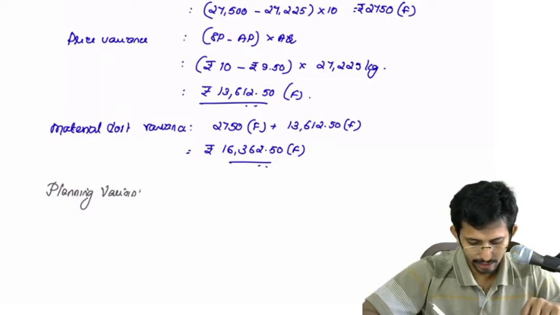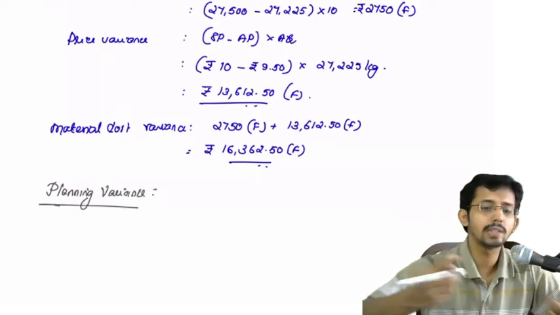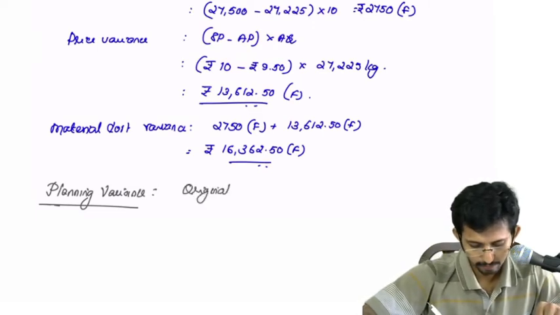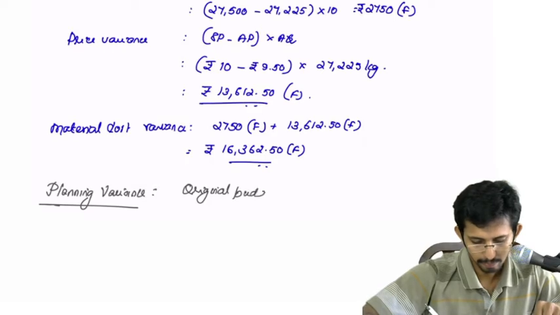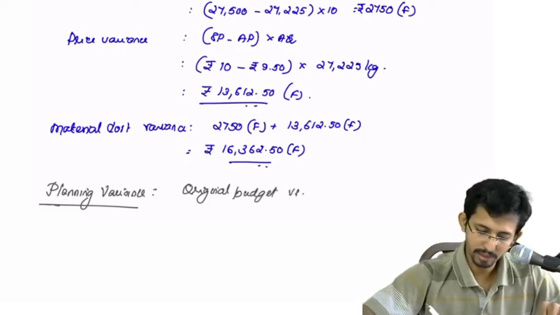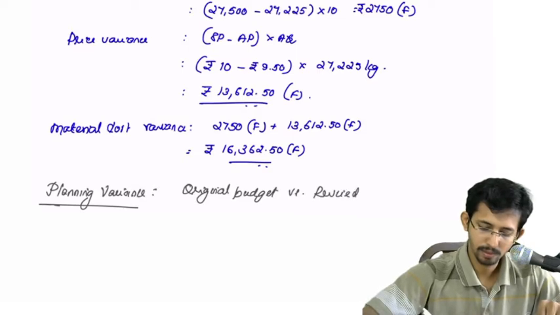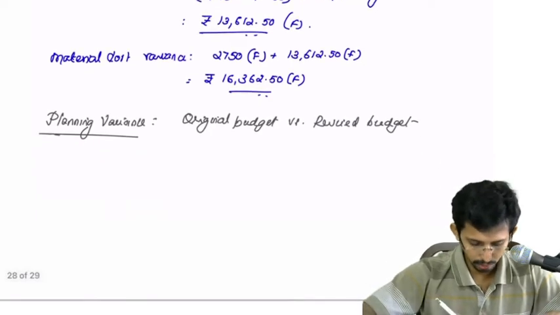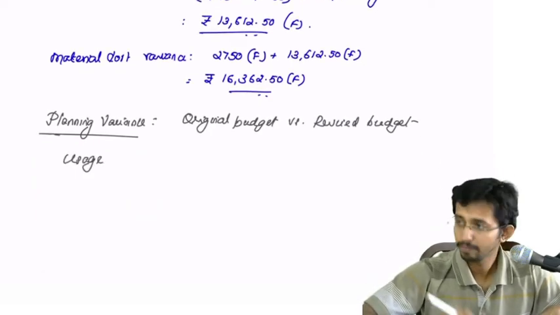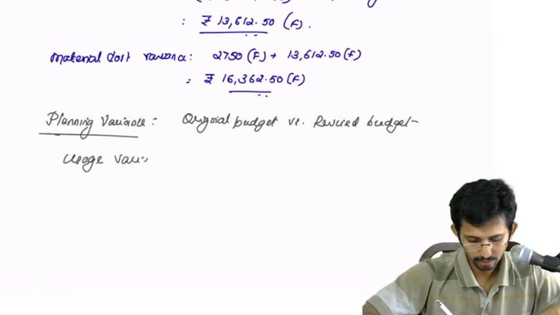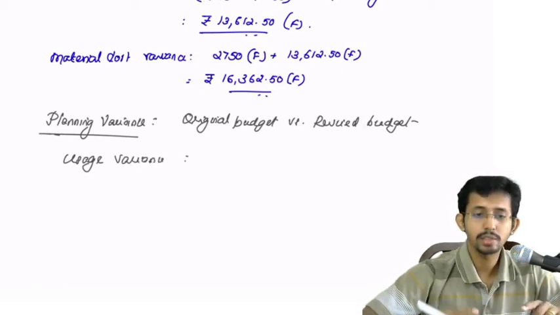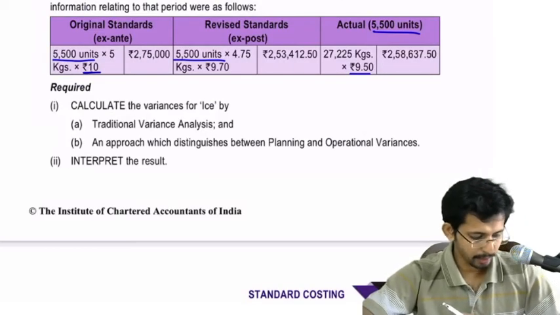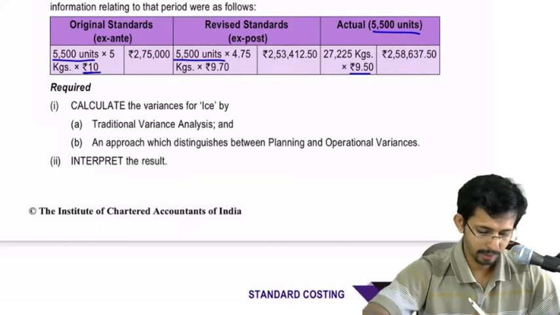Planning variance is the variance between the original budget and the revised budget. Okay, start with usage variance. How much? Originally it was 5,500 into 5, then revised 5,500 into 4.75.